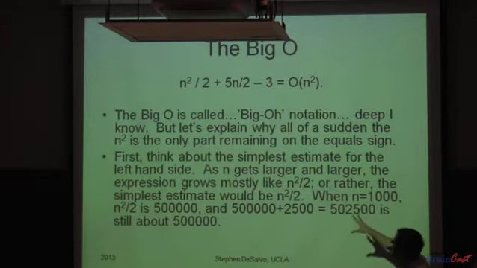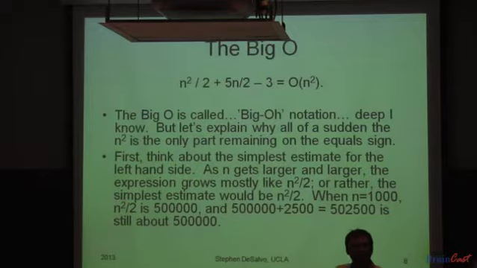So let's think about the simplest estimate for the left-hand side. All right? Now we're going to think of n as being really large. When n is small, none of these things really matter. Okay? You want to sort 100 elements versus 1,000 elements. It's still really fast because you're using a computer. But if you want to sort 1 million or 1 billion objects, that's now where these things are much more important.